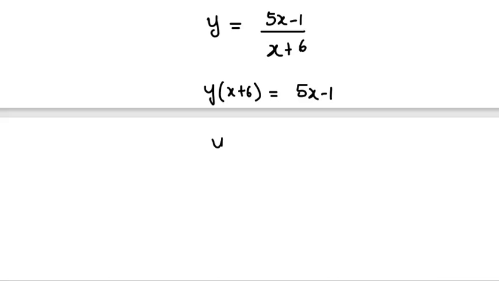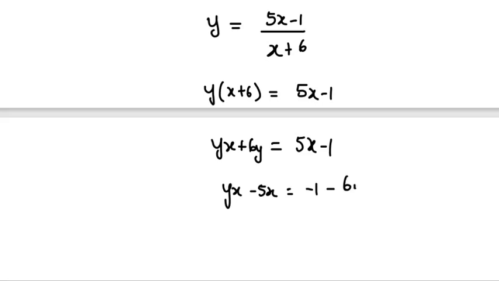So from here we get yx plus 6y equal to 5x minus 1. Collecting like terms, we get yx minus 5x is going to be equal to negative 1 minus 6y.